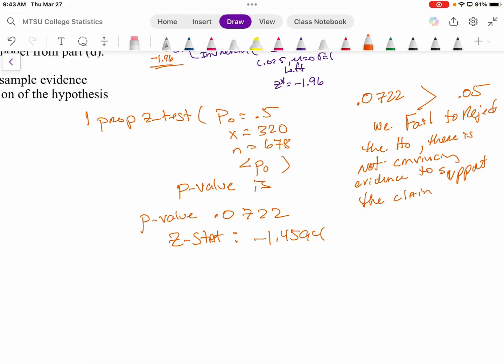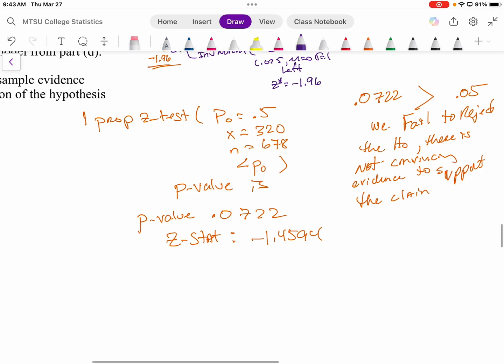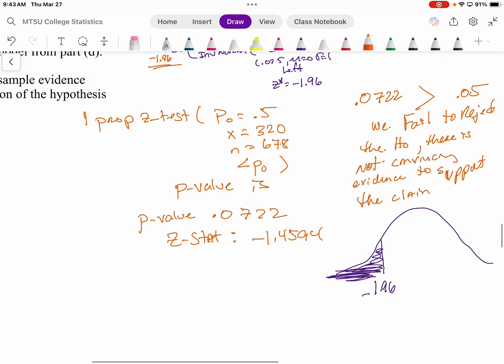Now, what I wanted to point out was when we look at the Z statistic, we had to draw the picture of the normal curve. And we found this number, negative 1.96. And we said if you fall in the shaded zone here, we reject. If we fall in the non-shaded zone, we fail to reject.